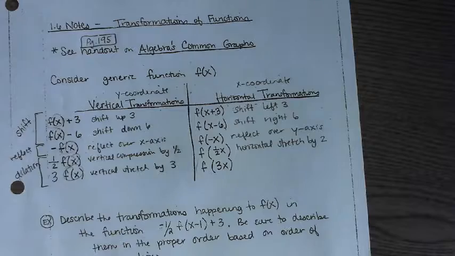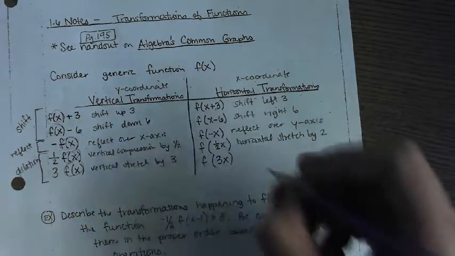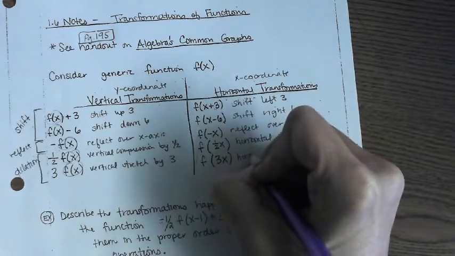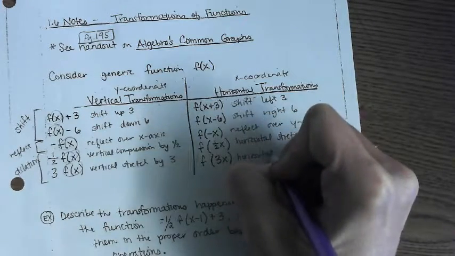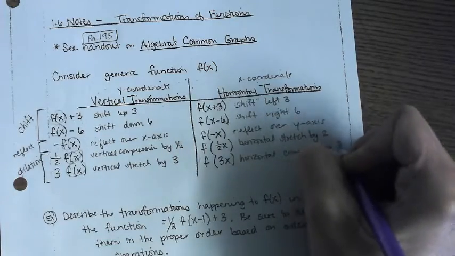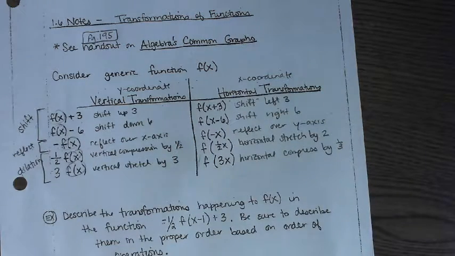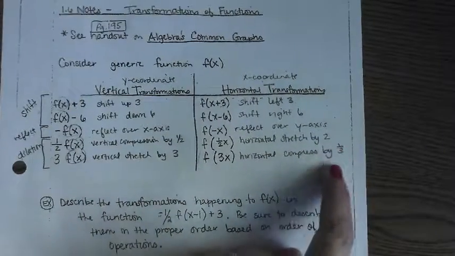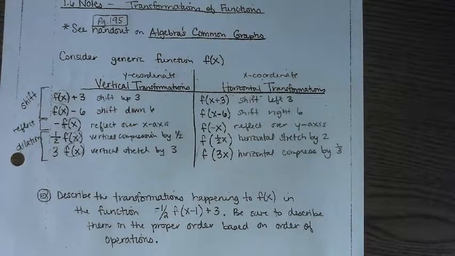And Zach, what's the last one? 1/3, good, yep. So you reciprocate that to get the magnitude of your stretch or compression. Right, if it's a stretch, it should be greater than 1 when you describe it. If it's a compression, it should be less than 1. Total review, yes? Same for you? Okay.